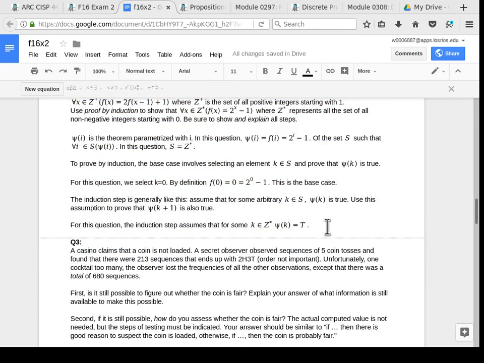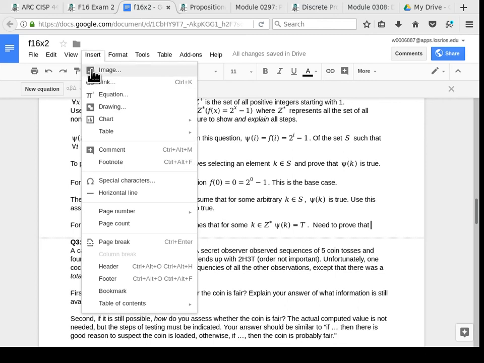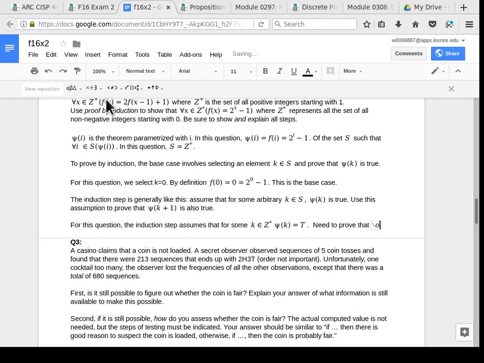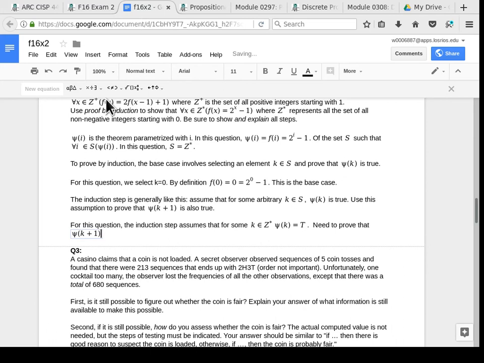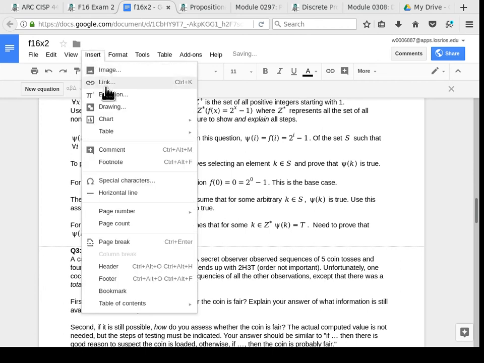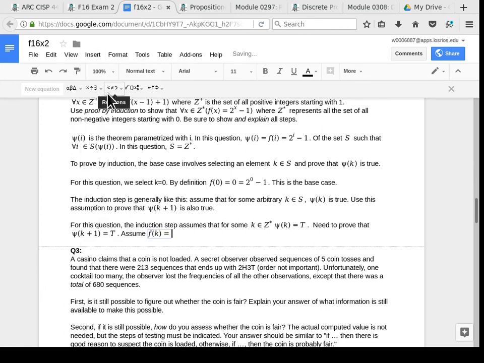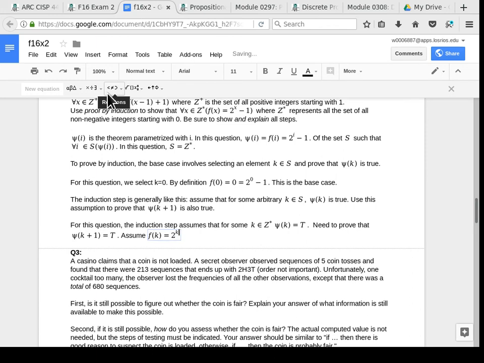For this question, the induction step assumes that for some k that is a non-negative integer, psi of k is true already. We need to prove that psi of k plus 1 is also true. So this boils down to: assume f of k equals 2 to the power of k minus 1.